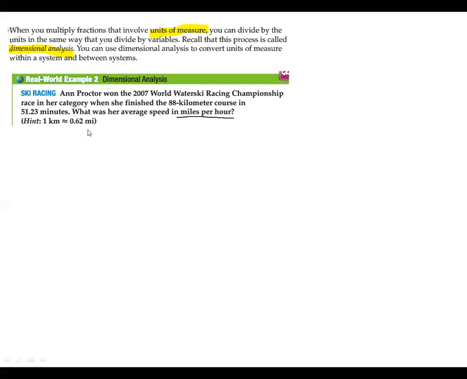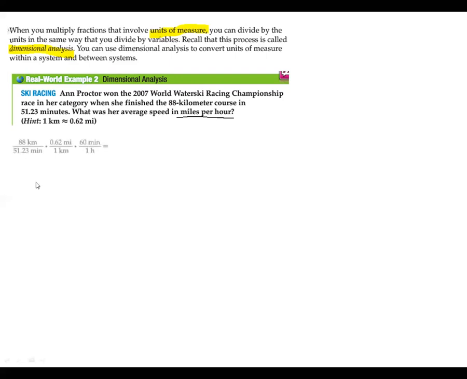And you should know that there's 60 minutes in an hour. Some of the conversions they might give you in the problem if they're not commonly used. But if they're common ones that we use every day, they kind of expect you to know those. And if you don't, you can just Google it, like how many feet are in a mile or something like that.